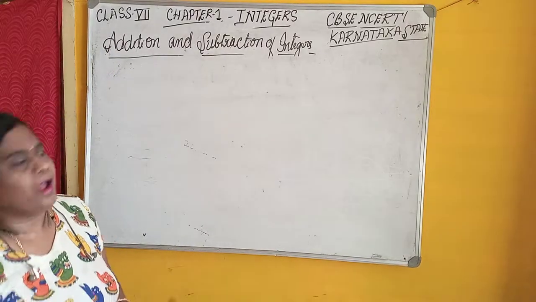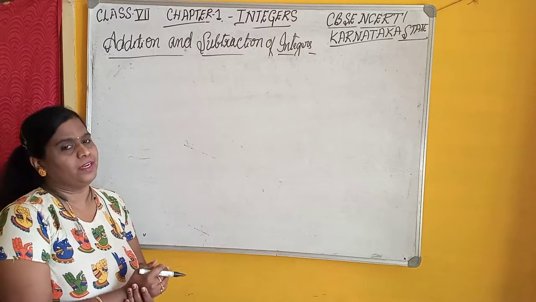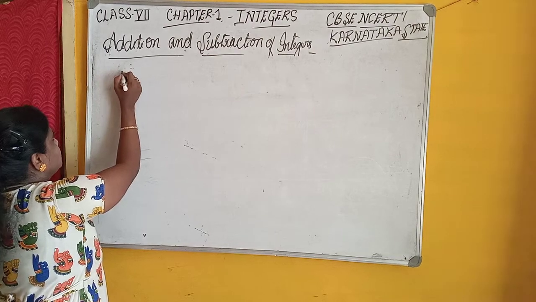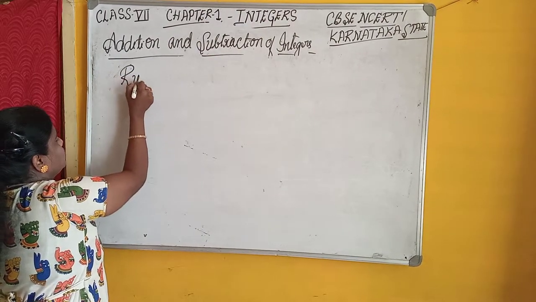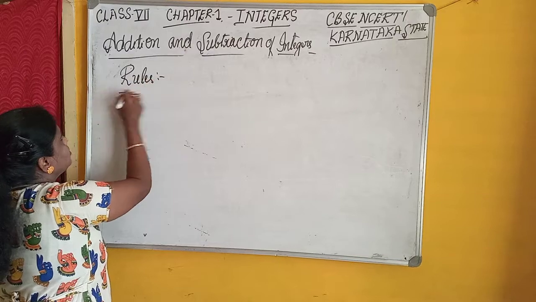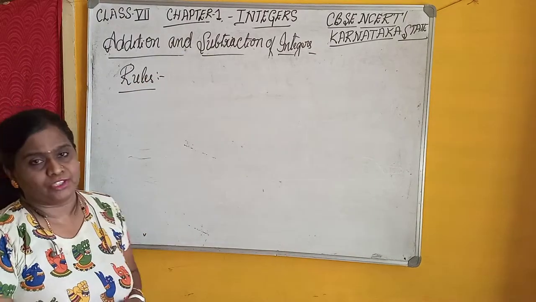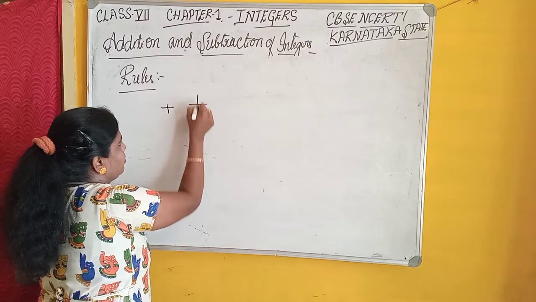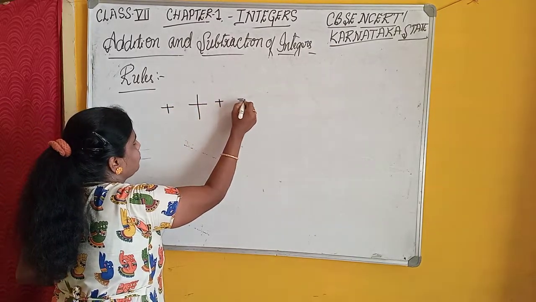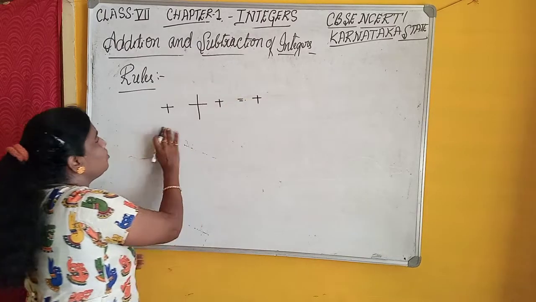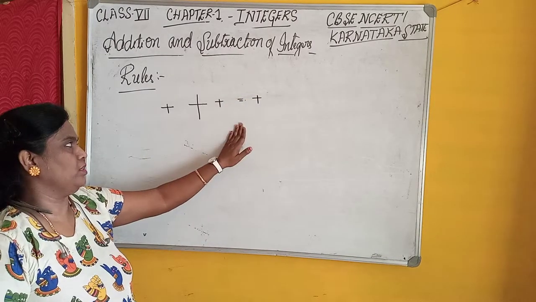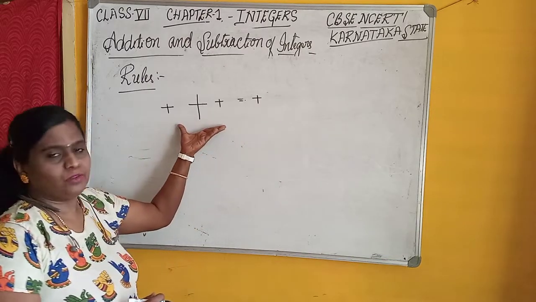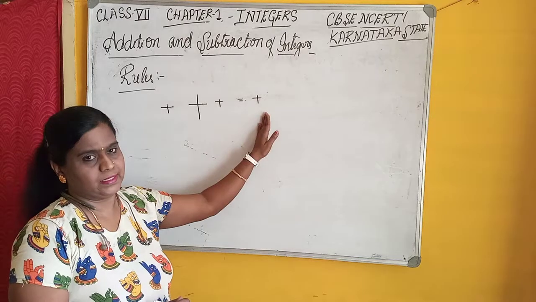how we can add and subtract integers. Generally, there are some other rules. The basic rules to make addition and subtraction of integers. That is plus plus equals plus. When we add two positive integers, we will get a positive integer. We have to add those digits and write the plus sign.